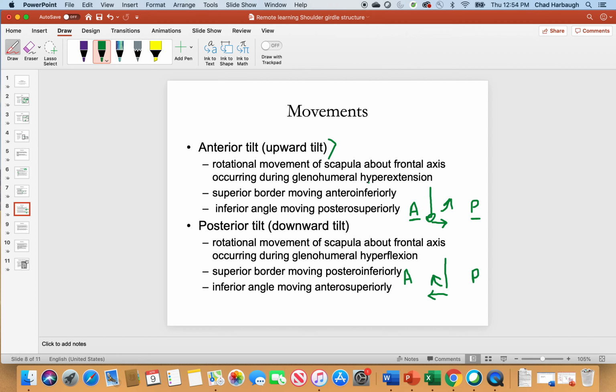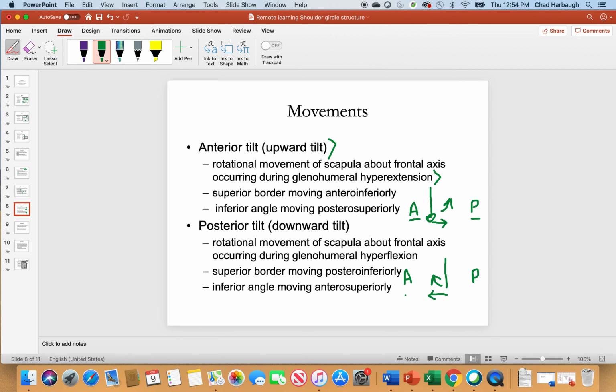So when we look at an anterior tilt, the inferior angle is moving posteriorly, into the back of the body, and the inferior angle is also rotating up in a superior position. Most of the time we see this occur in any hyperextension of the glenohumeral joint.